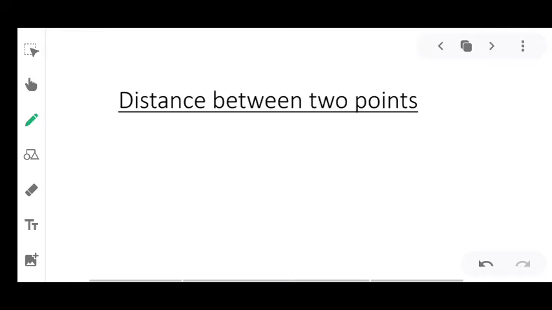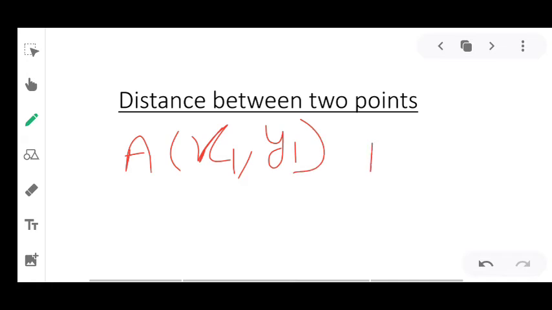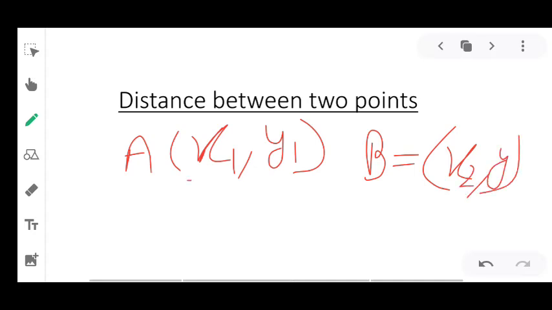Next, distance between 2 points. That means if you have points A (x1, y1) and B (x2, y2). These are the coordinates of point A, and B is (x2, y2).